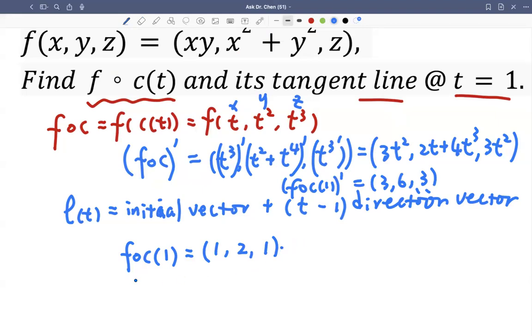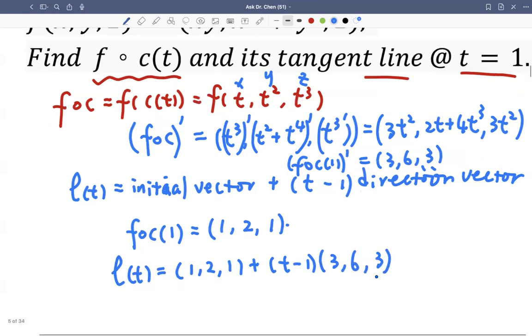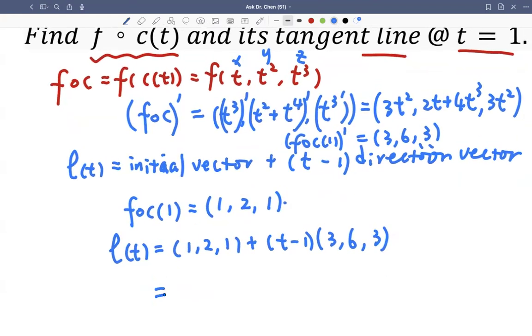So now we can write our tangent line representation: the initial vector plus t minus 1 times our velocity vector, which is 3, 6, 3. We can simplify this a little bit because L of t is a vector. So I have 1, 2, 1 plus t minus 1 times 3, 6, 3, which gives 3t minus 3, 6t minus 6, and 3t minus 3.